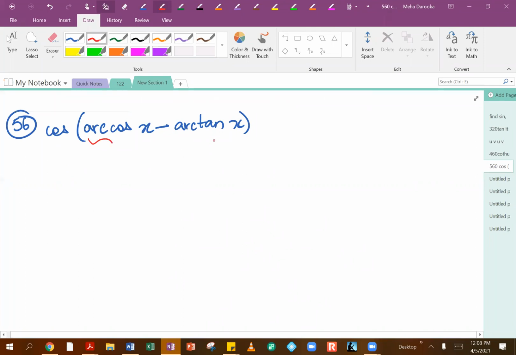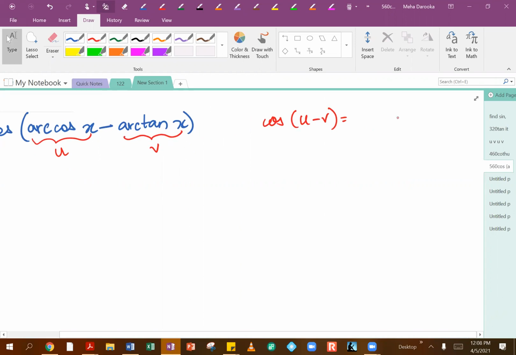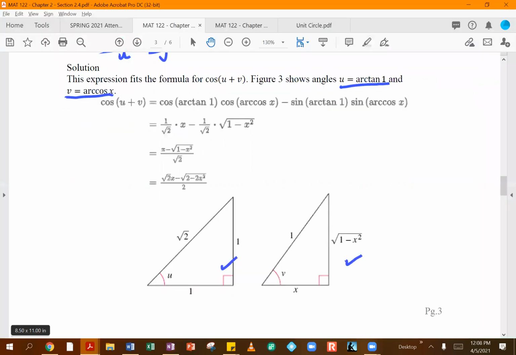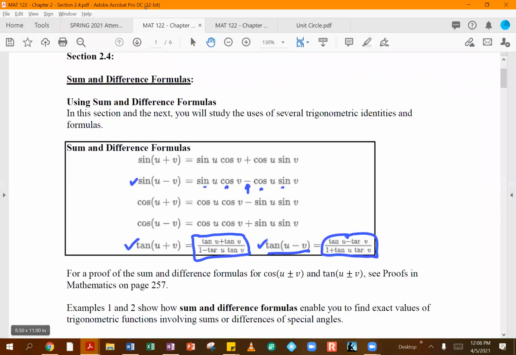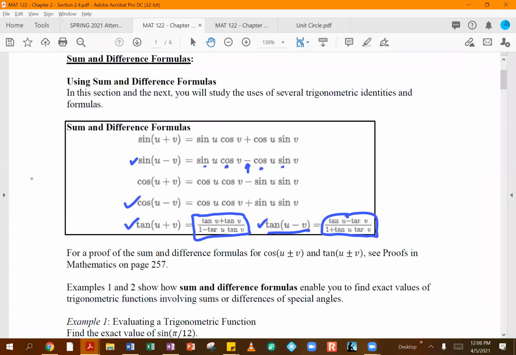So we will define this as our u, set this as our v. So basically we are looking at cosine of u minus v. As you can see, the formula from your sum and difference identities is going to be cosine of u cosine of v plus sine of u sine of v.